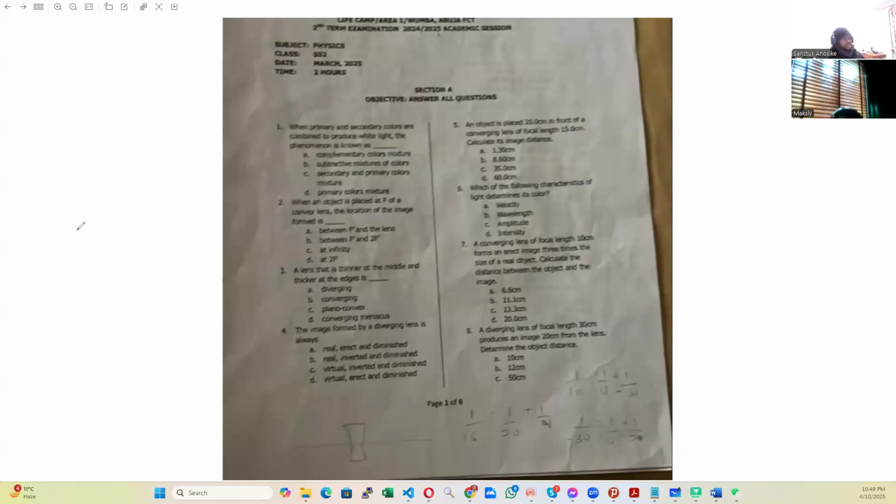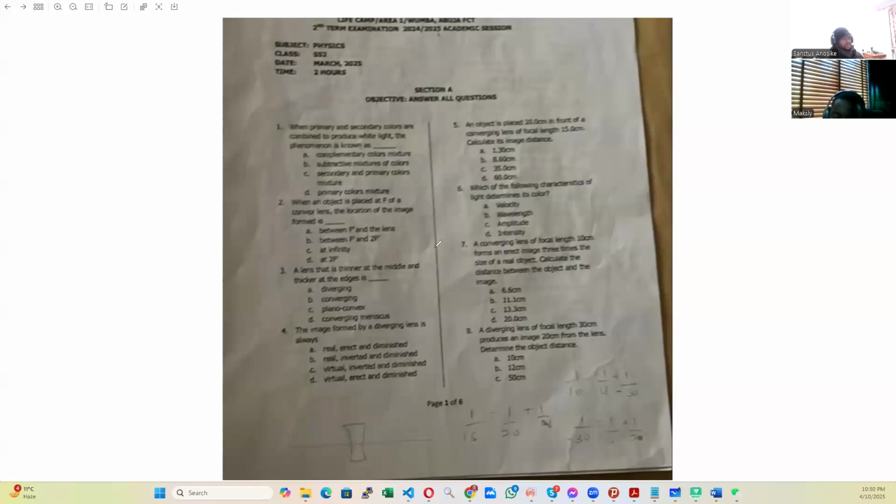Question number 6. Which of the following characteristics of light determines its color? Sylvester, answer. The wavelength.